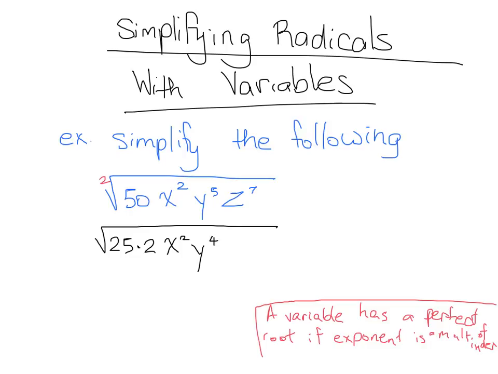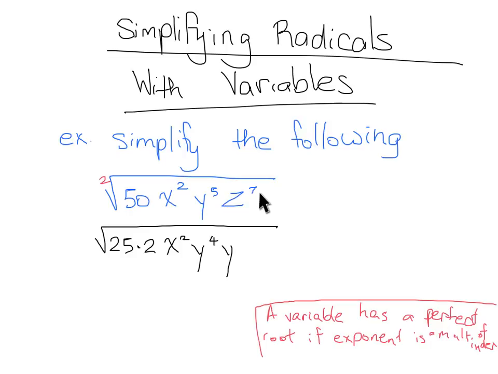But I can't just write down y to the 4th because I can't change the value here. So I have to write another y. Now together this is y to the 5th. I'm not changing any values, I'm just taking out the largest factor with a perfect square. Looking at z, what is the largest factor of z to the 7th with a perfect square root?